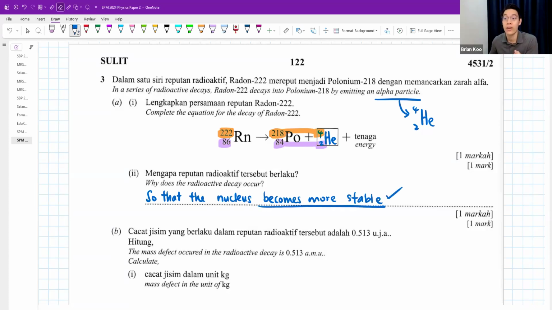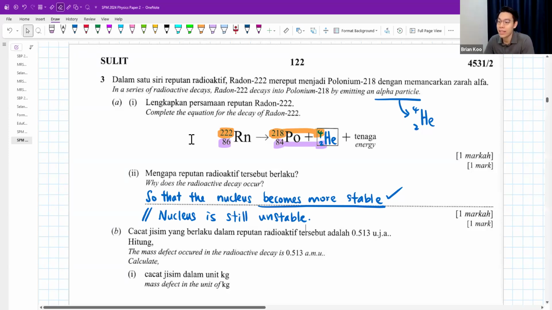That is the key. Okay, or you can say because the nucleus is still unstable, that's why it decays. Yeah, so because it is still unstable, that's why it will decay to make itself more stable. Because it wants to be more stable, also can.